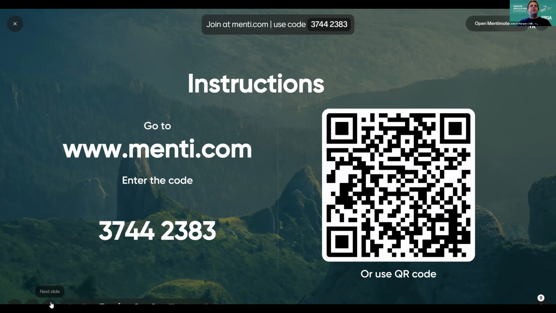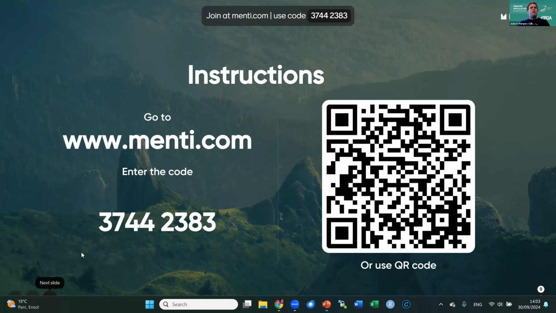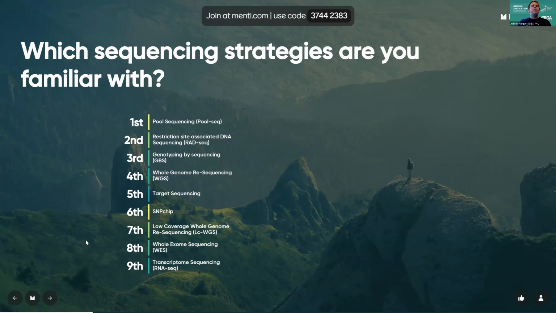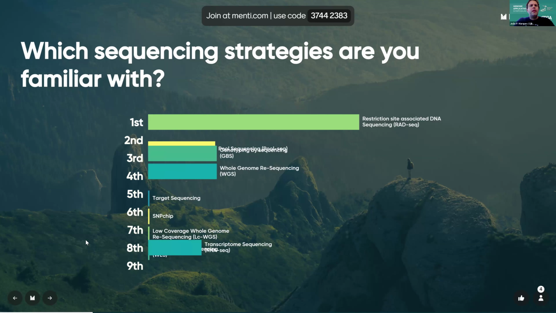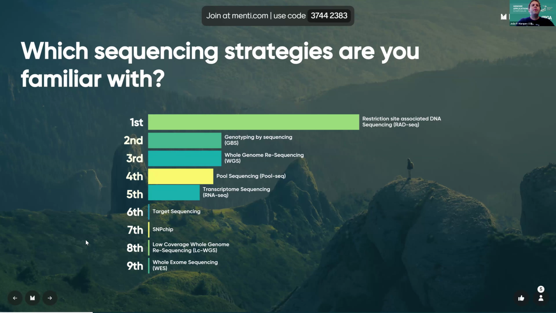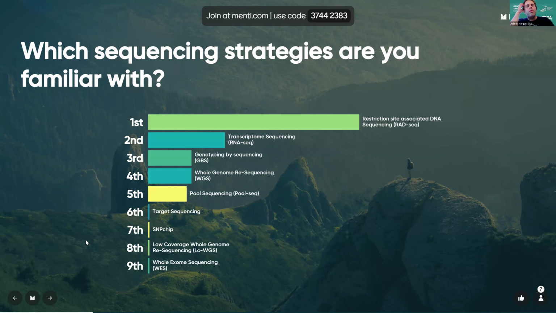Okay, perhaps I will start. We'll start briefly with the experience of each of you. Basically, the idea is to order and rank the sequencing strategies which you are familiar with. And again, the idea is just to have a brief overview of all of you.